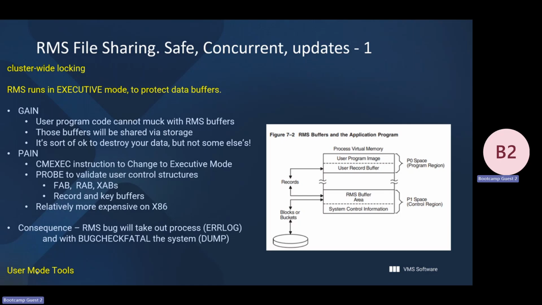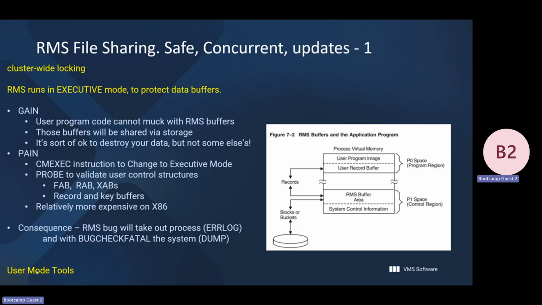We're going to use our internal privileges to touch data that's being pointed to by a customer, by an application. So we need to probe the buffer addresses that the customer provides, since we could write anywhere. Take the simplistic example: we don't want you to say, read me a record, and oh, by the way, put it over my privilege mask. And now I have all the privilege in the world.